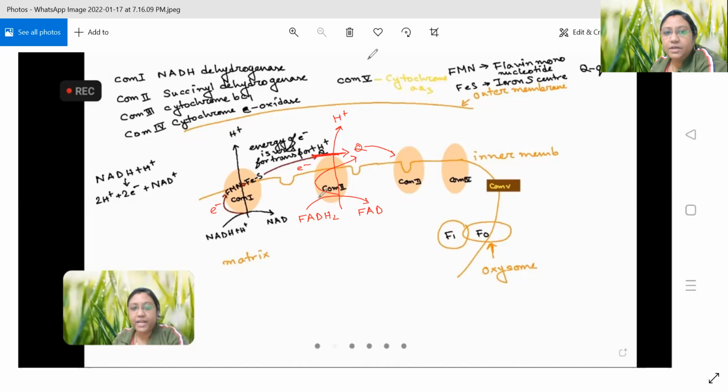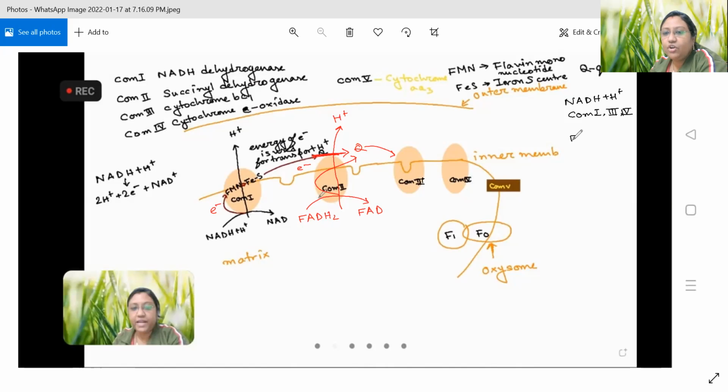So if you look into the structure of complex number 1, 2, 3, 4, and obviously if we talk about complex number 5, NADH is able to use, so for NADH plus H plus, it will go to complex number 1, 3, and 4. The proton derived by NADH H plus will pass through complex number 1, 3, and 4.